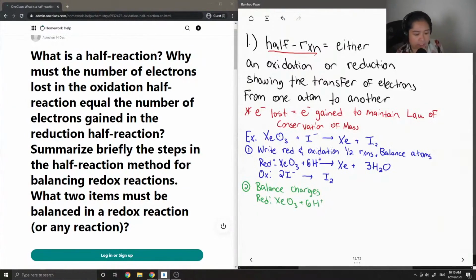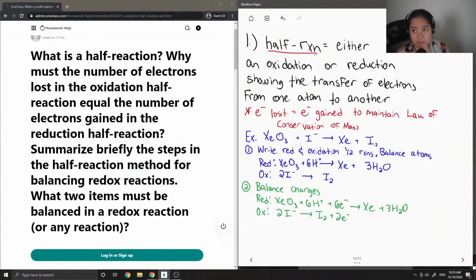So to neutralize these protons, I need to add 6 electrons to my reactant side. And my product side just stays the same. For my oxidation reaction, I have 2 negatively charged ions. So to this side, I just need to add 2 electrons to balance out those charges.